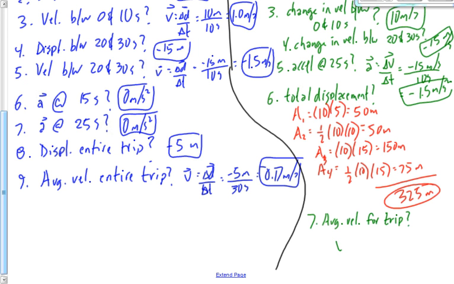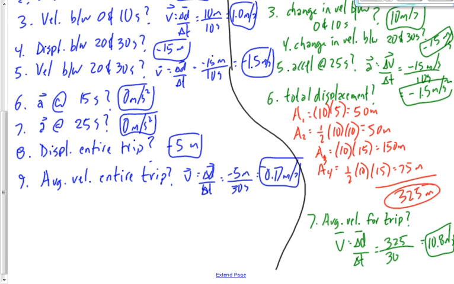Again, average velocity is always displacement over time. The displacement in the last case we found by just subtracting a couple numbers. Here we found it by taking the area. It's 325 divided by the time of 30 seconds. So that's going to give me, what, 325 divided by 30 is 10.8 meters per second.